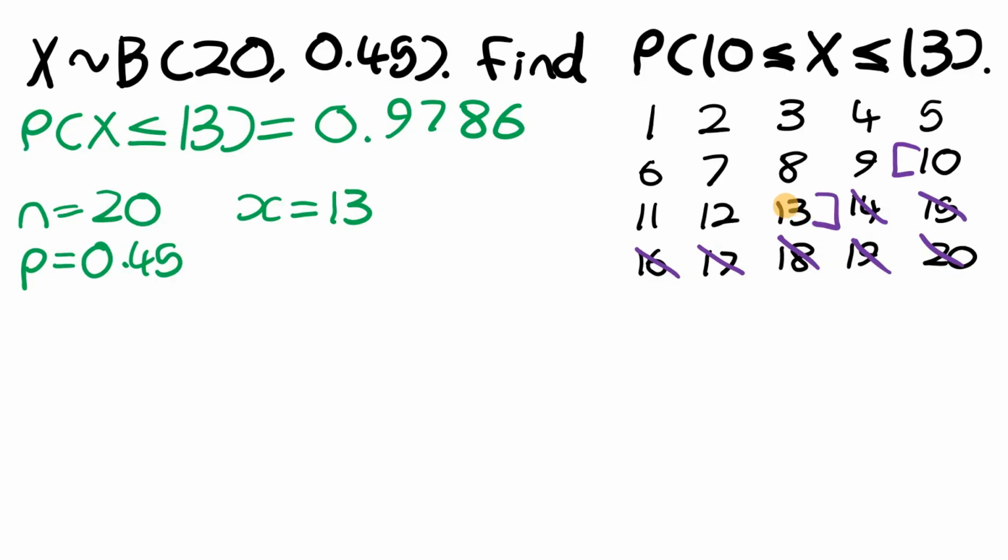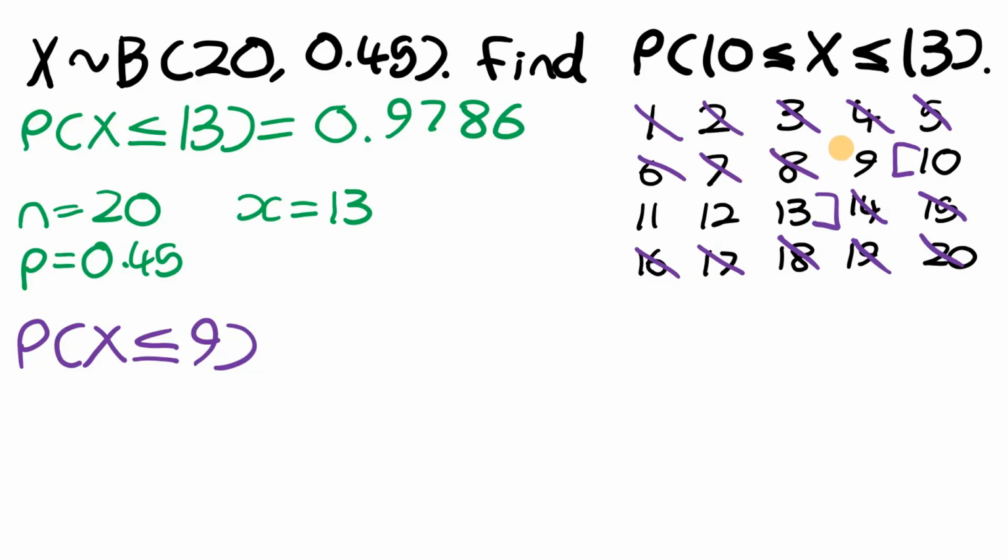Now we need to find where it's bigger than or equal to 10. So if we find the probability that x is less than or equal to 9, this will knock out these values here, and therefore we will just be left where x is bigger than or equal to 10 but less than or equal to 13, and then this will be the correct probability.